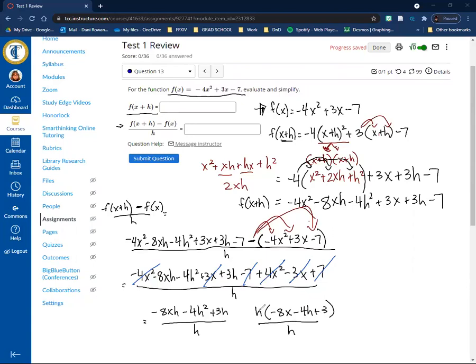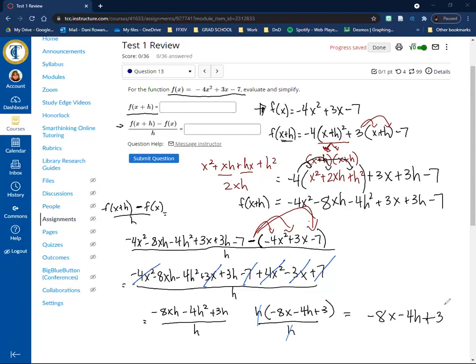Well, what's h over h? It's 1. Yeah, because it's 1, we can cancel it out. And what we're left with is a lot simpler than what we started with. Negative 8x minus 4h plus 3.